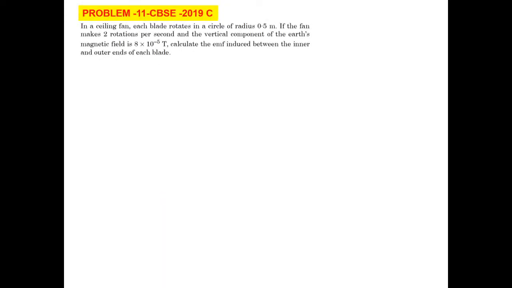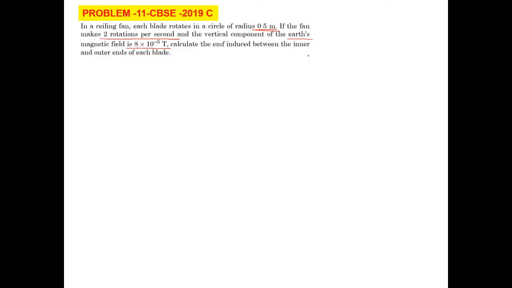Now let's see this problem. A ceiling fan, each blade has a radius of 0.5 meter. The fan makes 2 rotations per second and the vertical component of Earth's magnetic field is 8 into 10 power minus 5 Tesla.